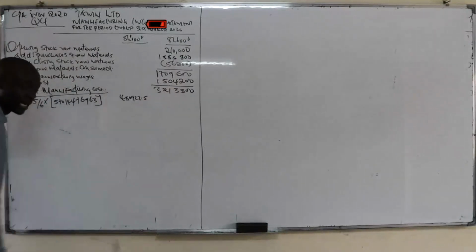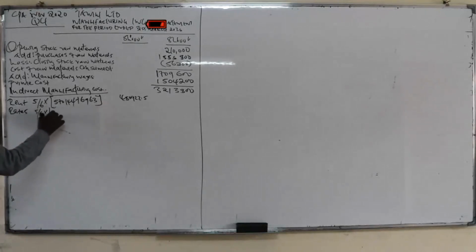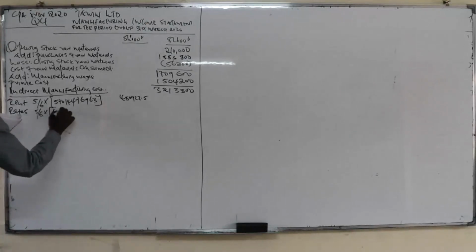Now we are listing indirect cost, which you're saying one of them is rent. So they are only saying it's factory, isn't it? So that one is indirect cost. Indirect costs are costs that you cannot identify in the final product, like rent. So we are finished with rent, we go to the rates. Rates 5 out of 6, and then you multiply the one that is paid. The rate that is paid is how much? 60,348.